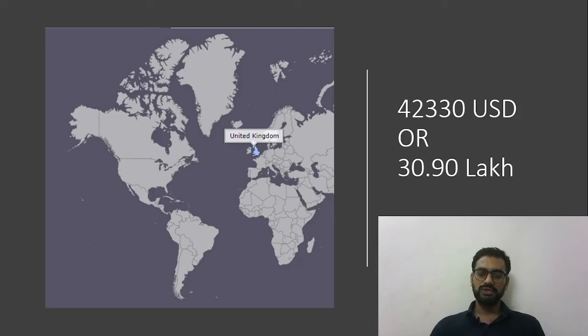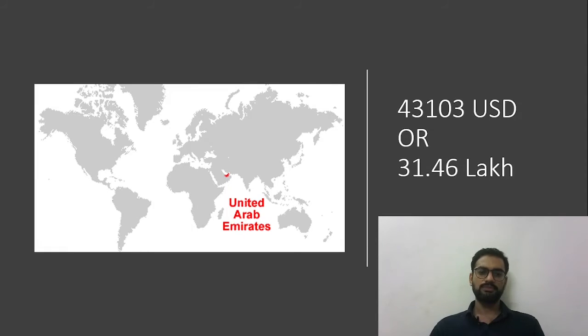A very small country as well, so the population is also smaller, but through the colonial time they have made enough reserves and enough industrialization and development, so that they are considered developed countries, and hence their income is 30 lakhs per individual per year.